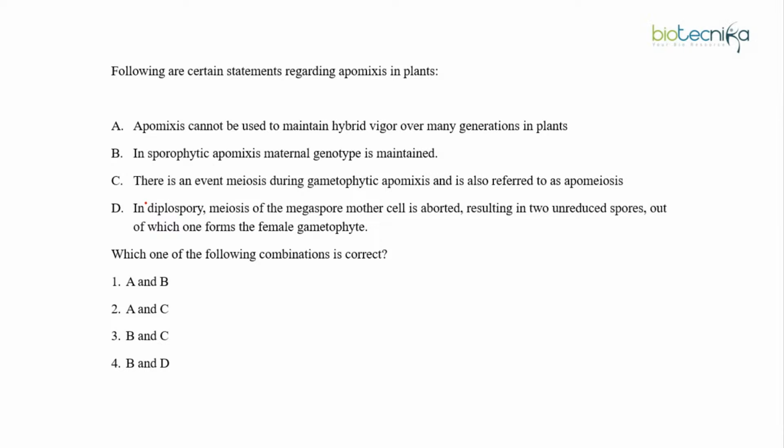There is an event of meiosis during gametophytic apomixis, also referred to as apomeiosis. In diplospory, meiosis of the megaspore mother cell is aborted, resulting in two unreduced spores, out of which one forms the female gametophyte. Which one of the following combinations is correct?